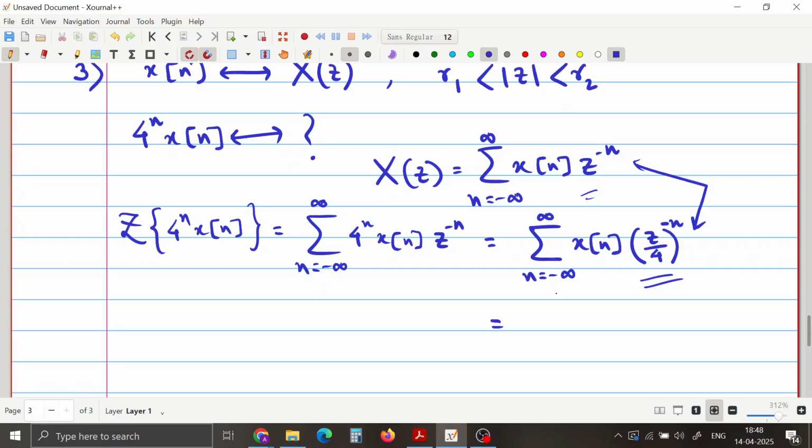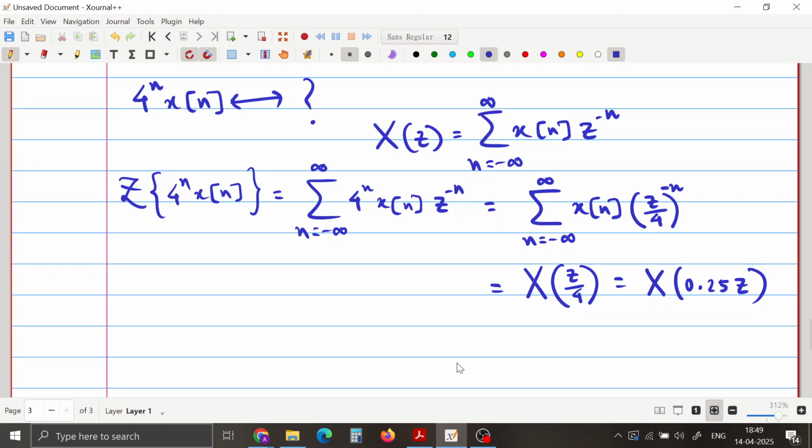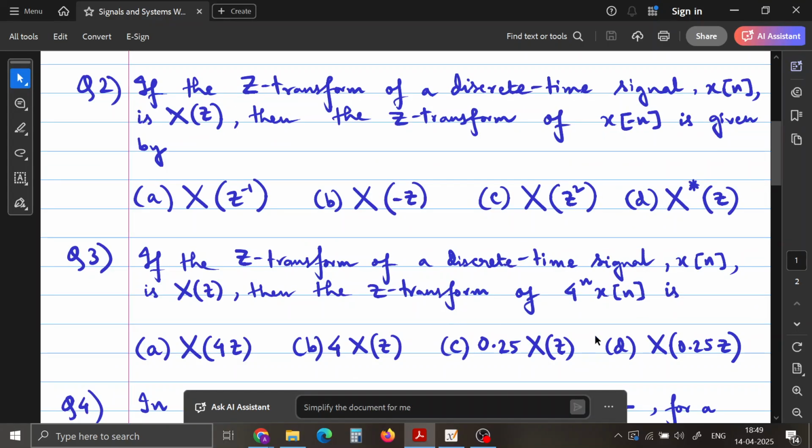So this summation here is nothing but X of z by 4, which is capital X of 0.25 z. So option D is the right answer, X of 0.25 z.